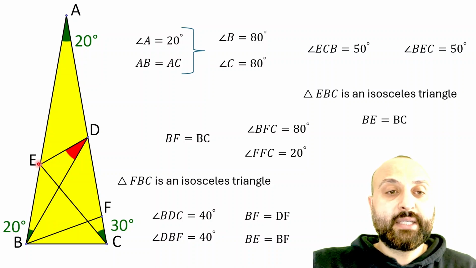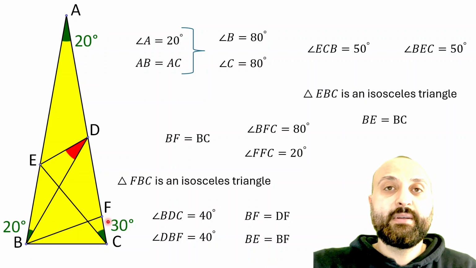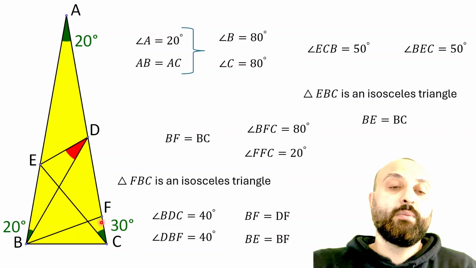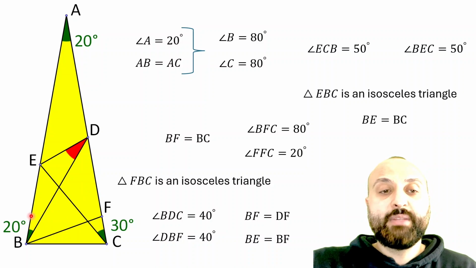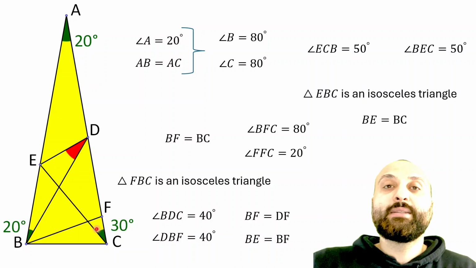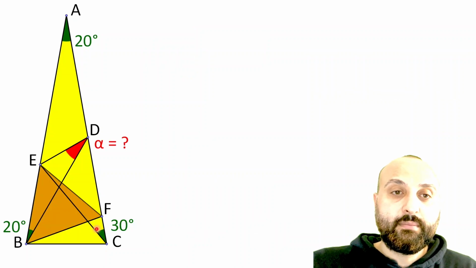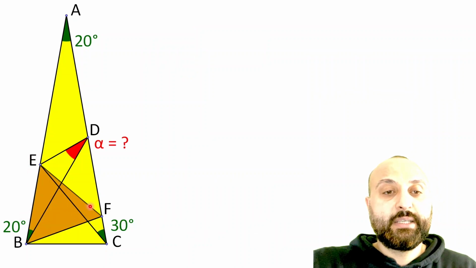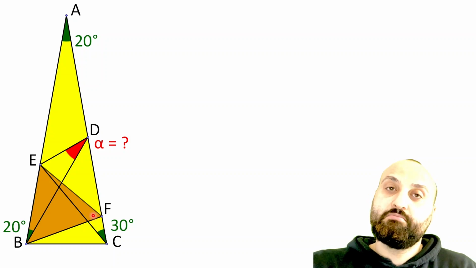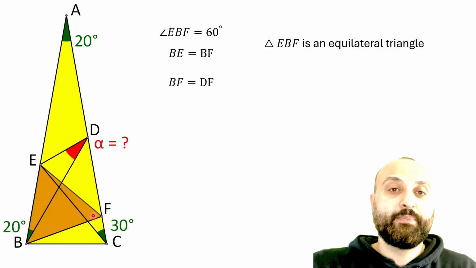So here the triangle EBF is an isosceles triangle because we have shown that BE is equal to BF, but also the angle in between them is 60 degrees. That means EBF is going to be an equilateral triangle, which means all the angles are going to be 60 degrees. Very important information.